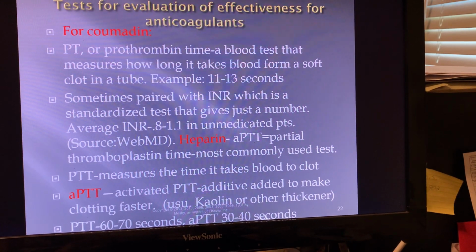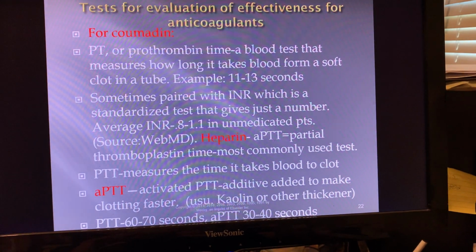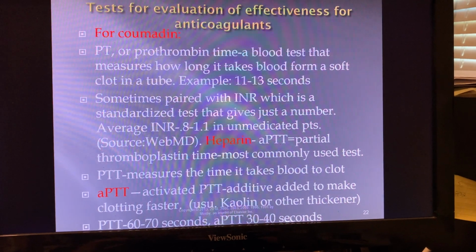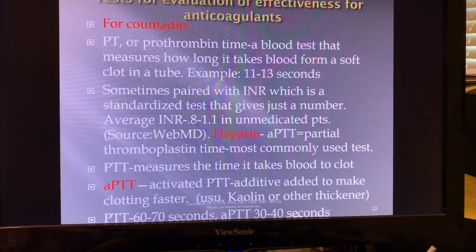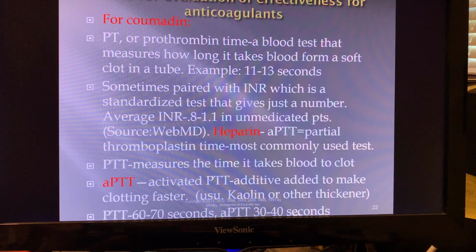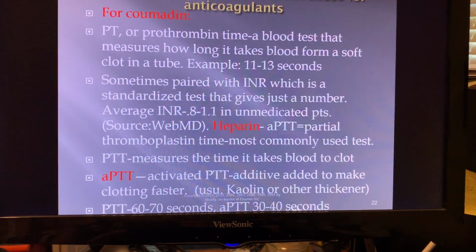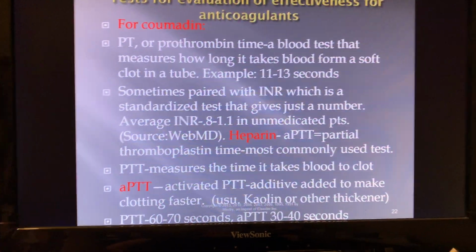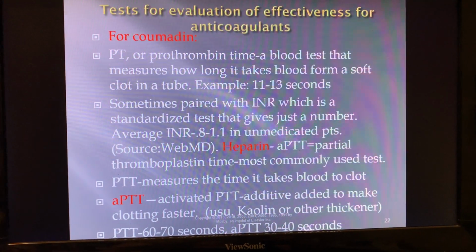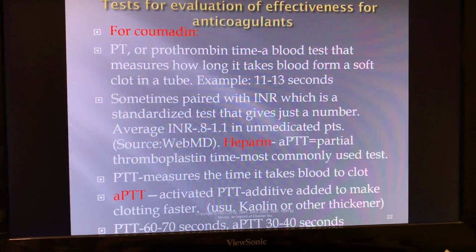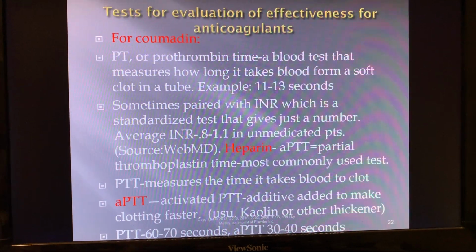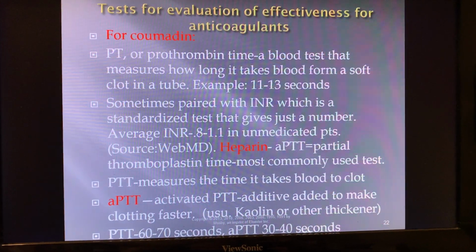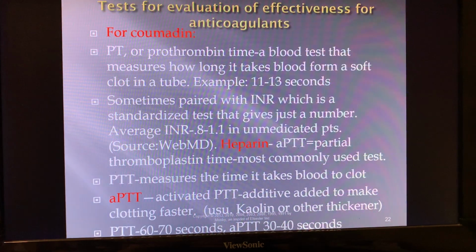So you're going to see whenever somebody's on Coumadin or one of the other coumarin derivatives, they're going to have results that read PT-INR, and it's going to give the PT, which is the number of seconds, and then they're going to give the INR, which is just a number. Now with heparin, they use the partial thromboplastin time.